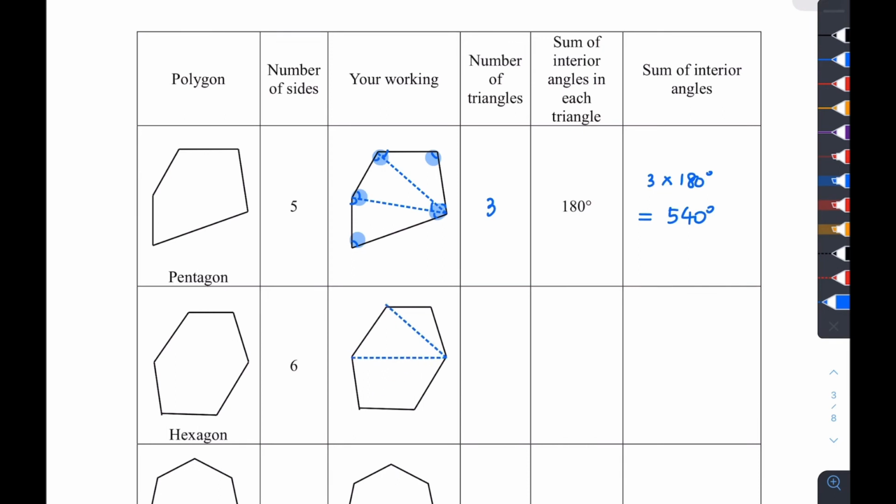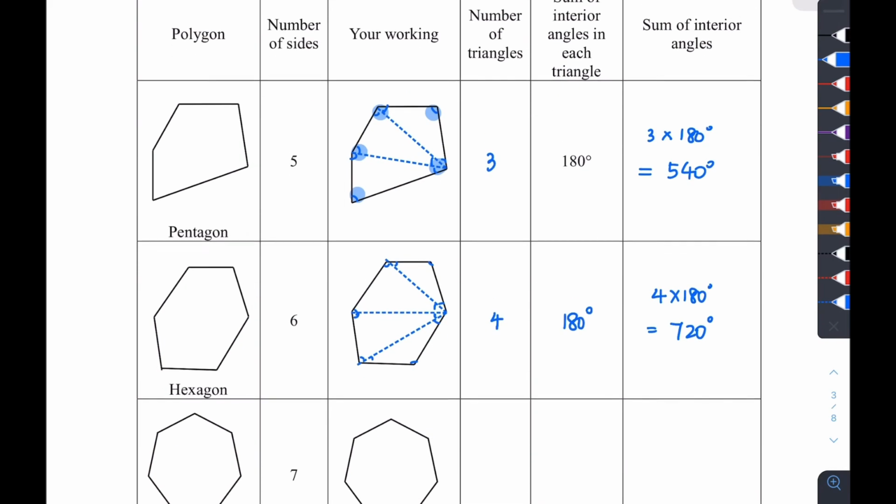Cut from one side, and you can see now we have 4 triangles. Because we don't cut at the center, we can just take all the interior angles of these triangles. So it is just 4 times 180, which gives us 720 degrees, the same as our previous findings.